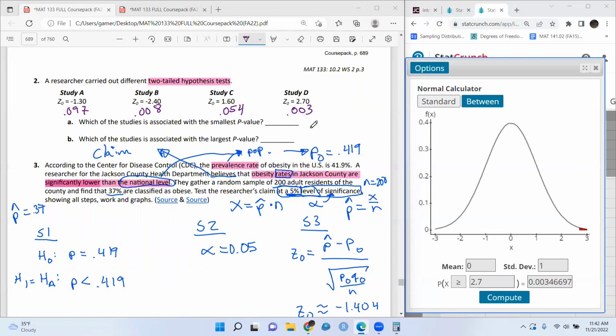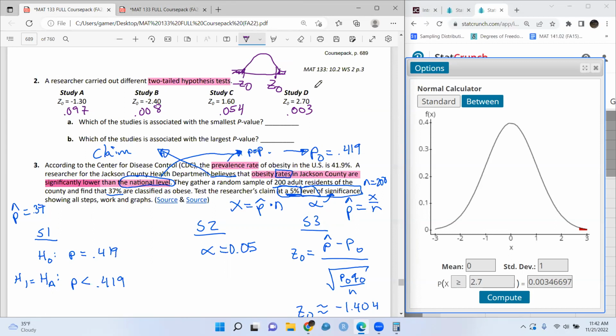These are z-scores, is what they really are, back from chapter 3. Which one has the most area to the right of it or to the left of it? Because it's a two-tail hypothesis test, we know that the positive number is going to be here, the negative one is going to be here, and so it's either this area or this area that will be the p-value.